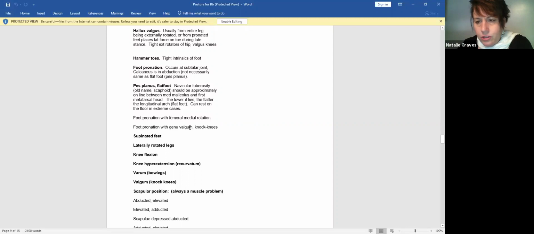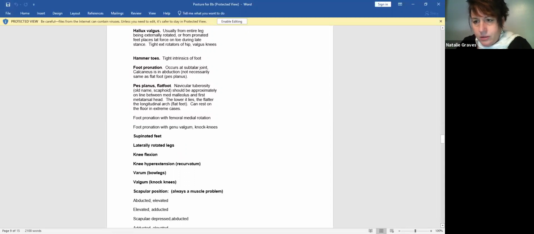Do you notice genu valgum, which are knock knees? Do you notice sort of a bow-legged position, which would indicate genu varum? Do the legs or the hips tend to be laterally rotated with the feet turned out? Do they tend to be medially rotated?